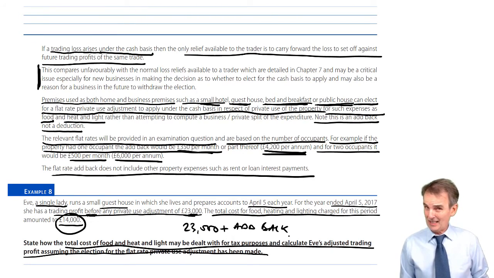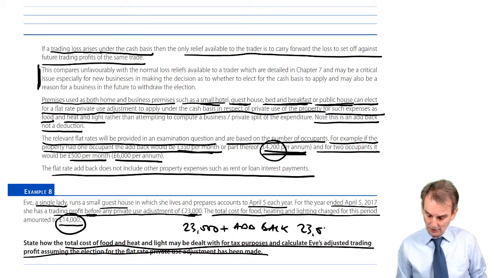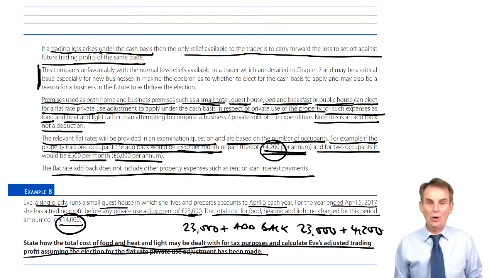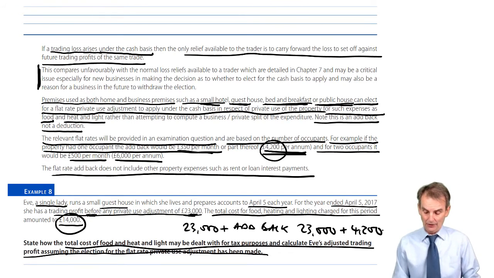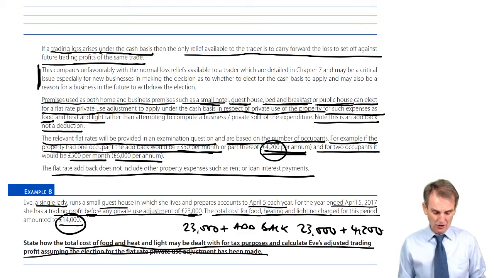The other and much easier, quick way of dealing with it is to use here the agreed flat rate for the add back, which is for a single occupant £4,200 per annum. So in which case it will be 23,000 plus 4,200. Again, this is for the full year there. So 27,200 would be the tax adjusted trading profit.